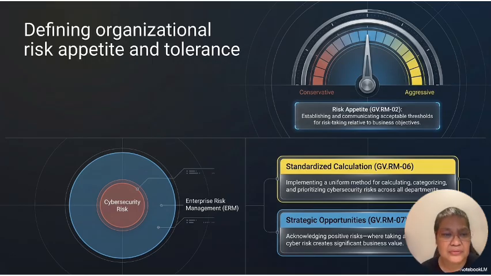So there's always this difference, right? Where we talk about defining the organizational risk appetite and tolerance. So the board has to have all the information it needs in order to make decisions, right?